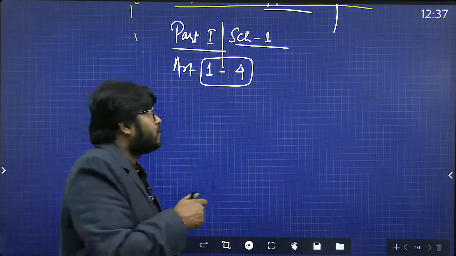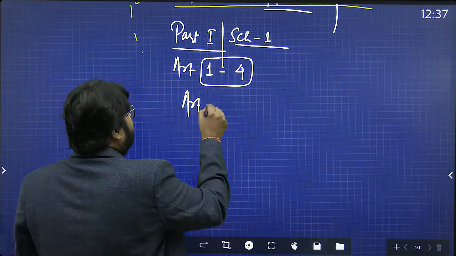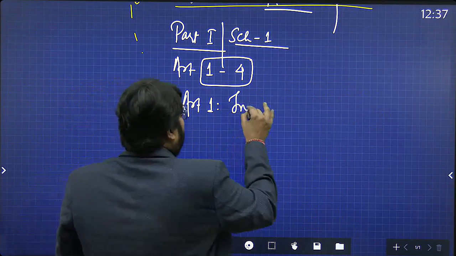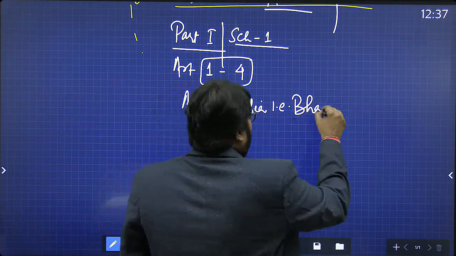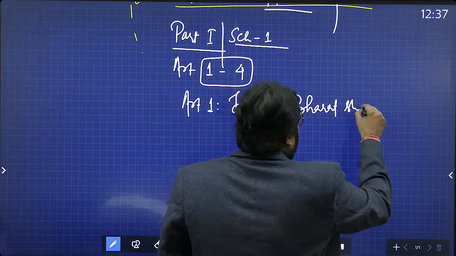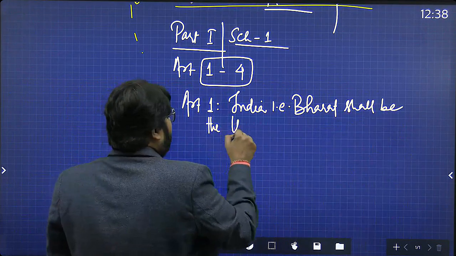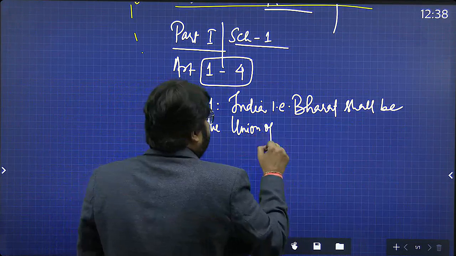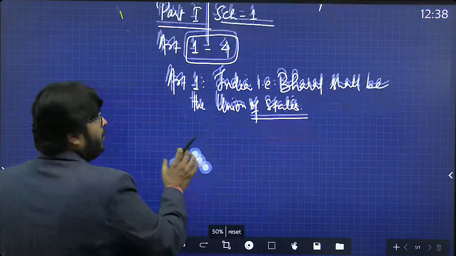So when you think of Article 1: India, that is Bharat, shall be a union of states. You'll get a PDF.